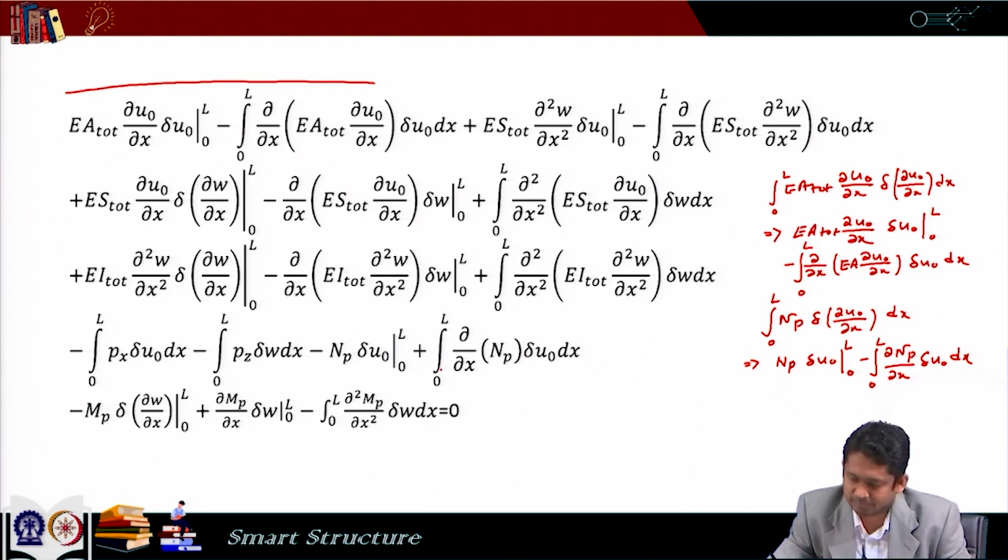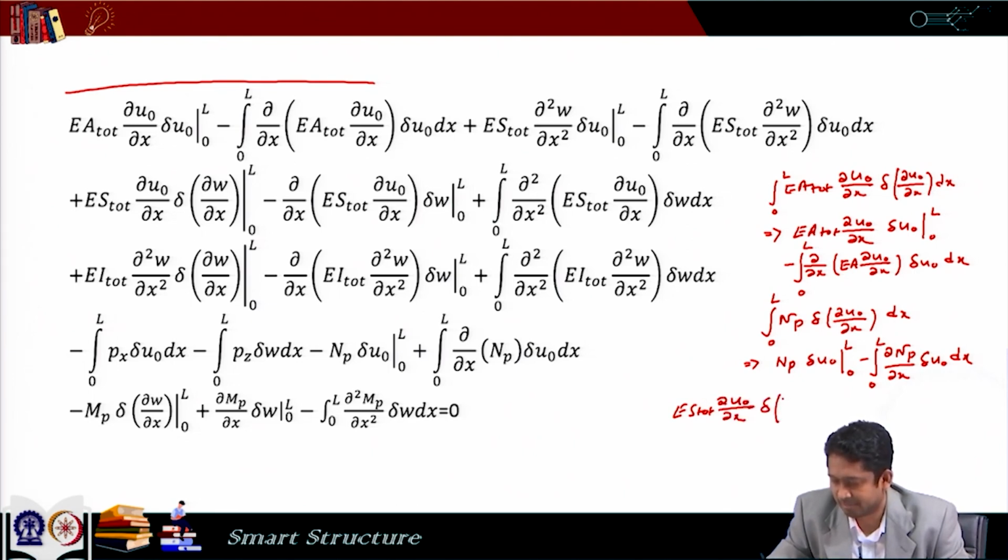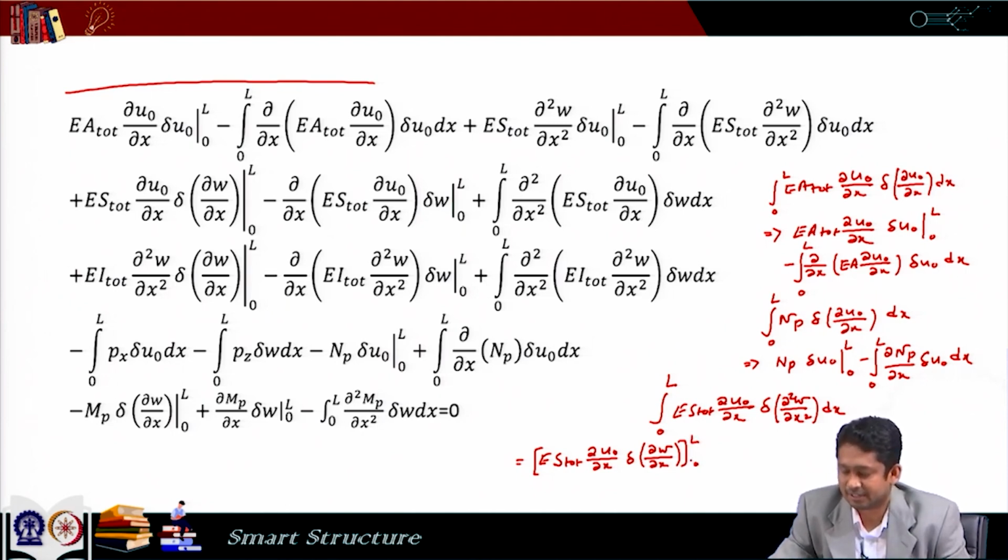Then we had a term like E s total multiplied by del u 0 by del x multiplied by the variation of the second order derivative of w, and this was integrated from 0 to L. If I integrate this by parts, that gives me E s total del u 0 by del x, variation of delta w by del x, which is evaluated at the limits 0 and L, and then minus the derivative of this and integral of this.